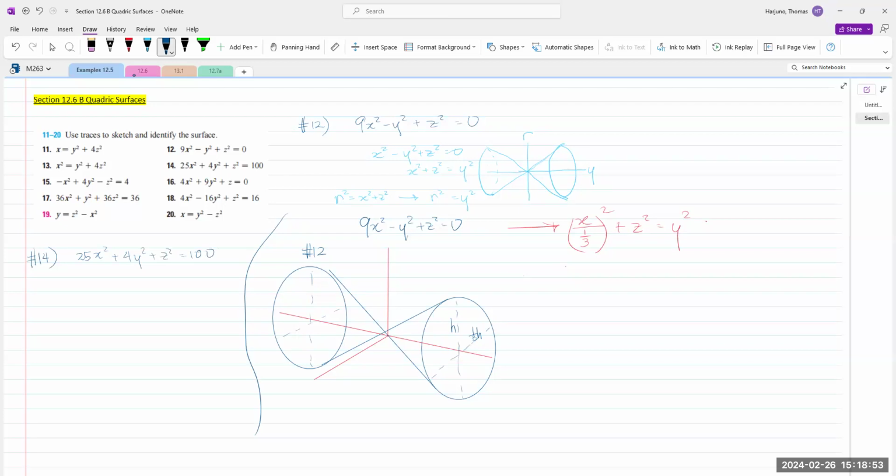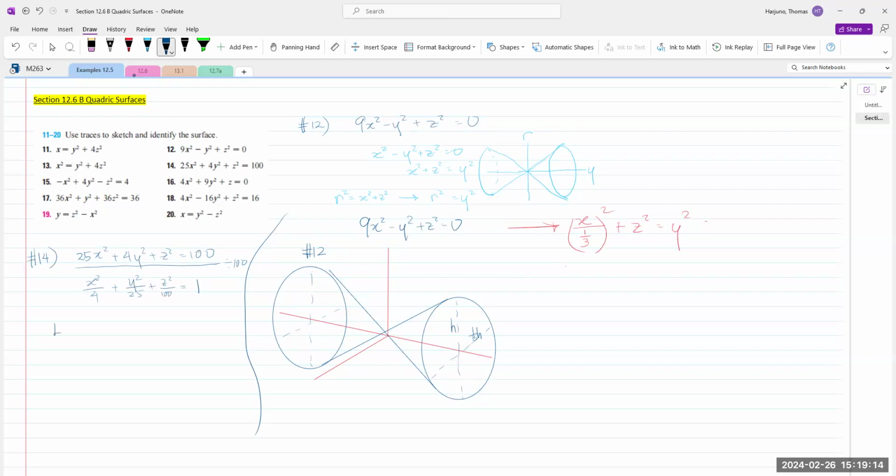If I divide by 100 so that the right-hand side constant becomes 1, this is x squared over 4 plus y squared over 25 plus z squared over 100.